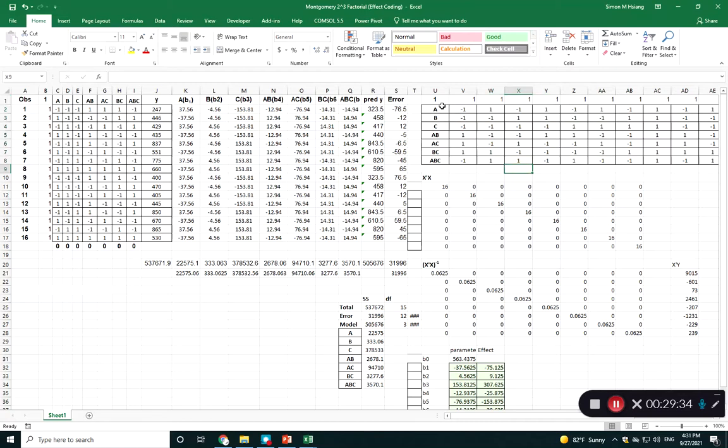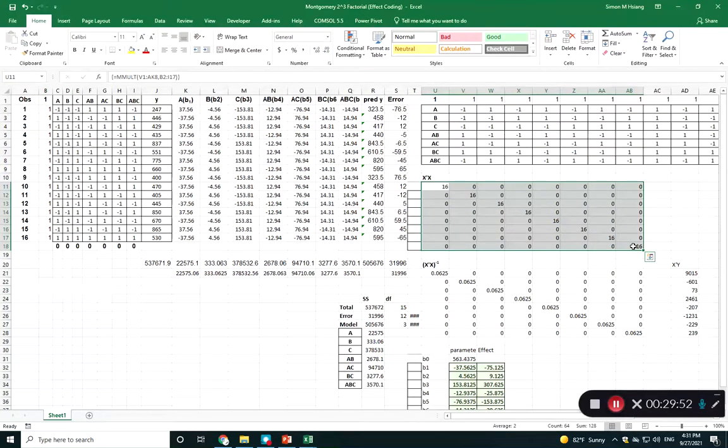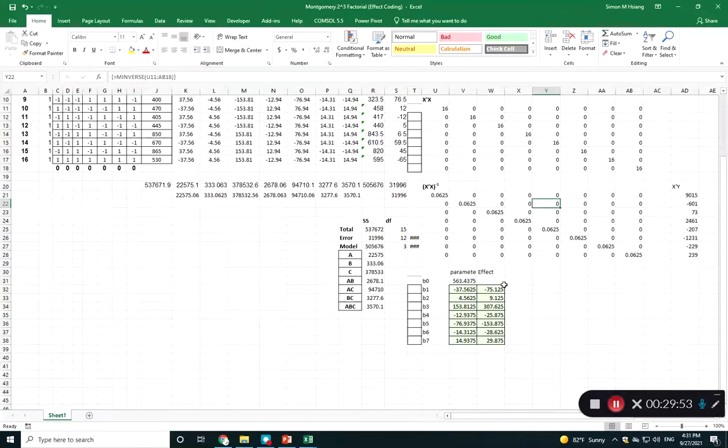Then you can use your X transpose X times X transpose X, you got your 8 by 8, right? Effect done. And then inverse transpose, and you have everything done.